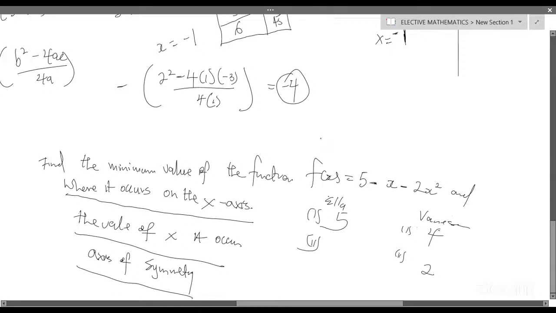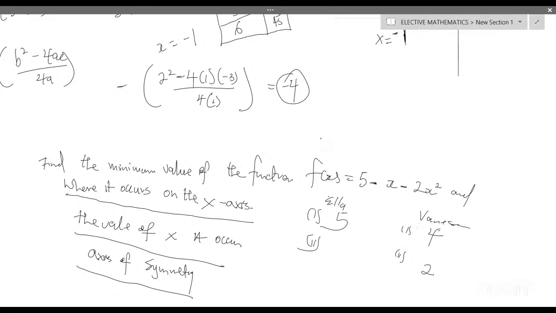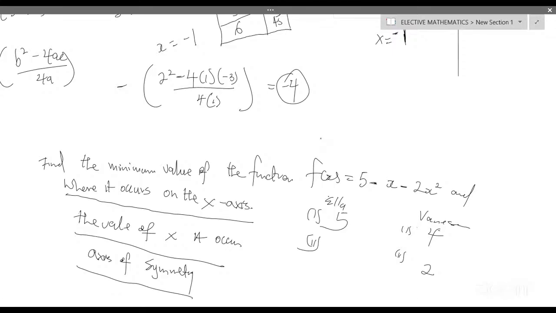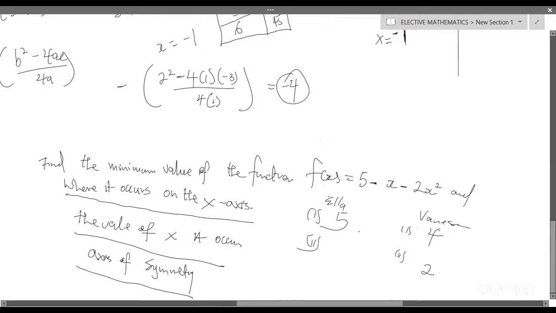Ella, what did you get for the axis of symmetry? I had 1 on 4.